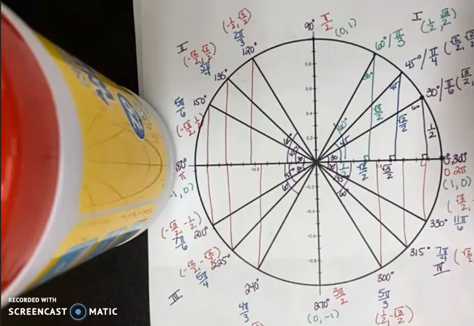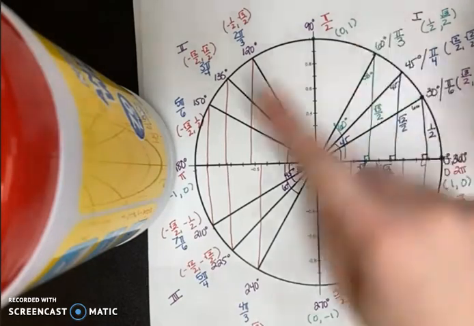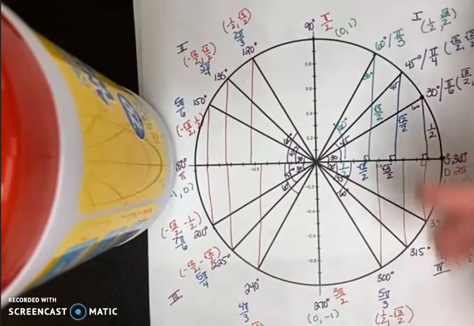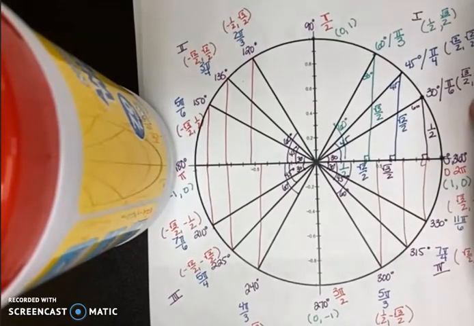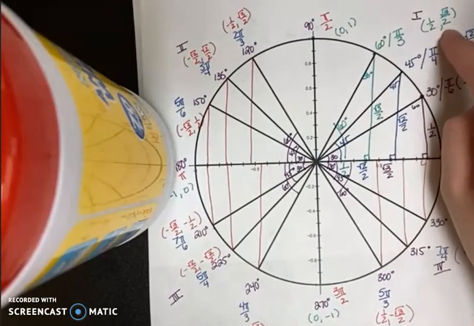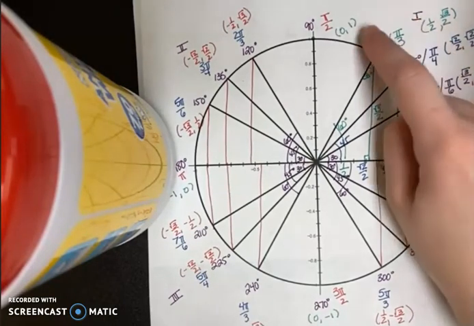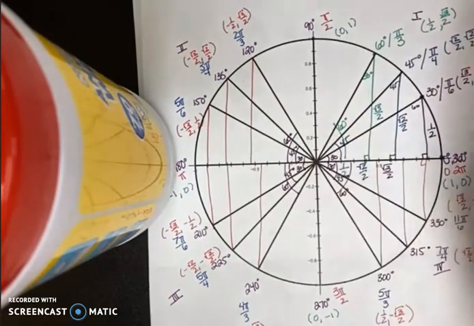If this is my unit circle, for sine it was really simple because we just wrote down all the y values. For cosine we just wrote down all of the x values. For tangent it's going to be y over x. So this divided by this divided by this, and we're going to go all the way around.